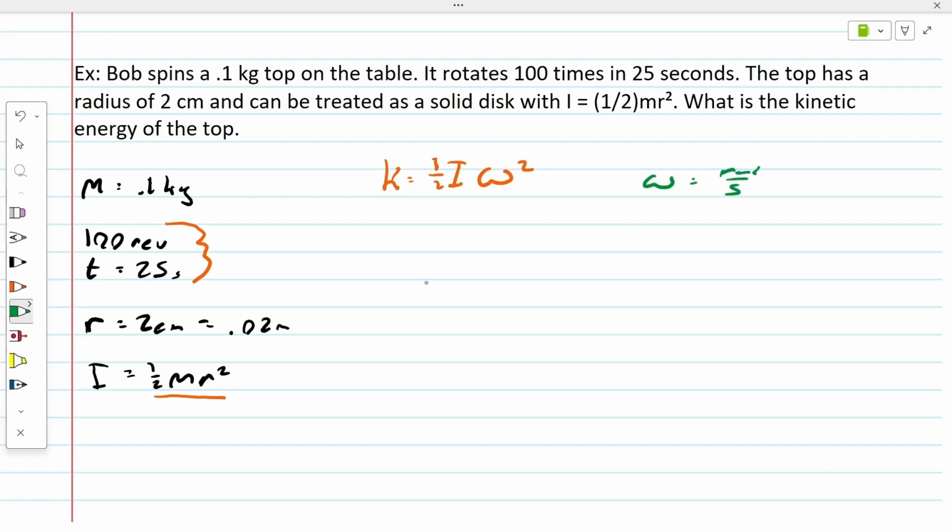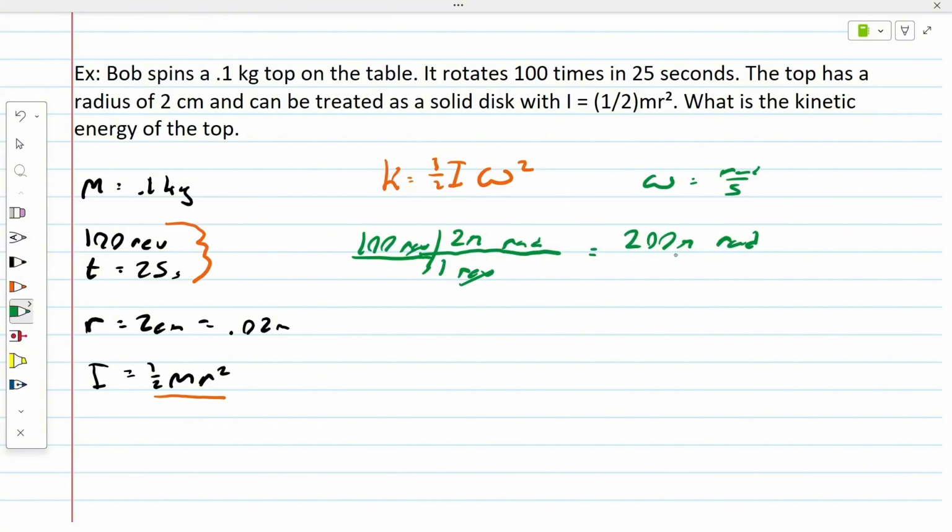It did 100 revolutions, and we can create a sort of conversion table. In 1 revolution, that's 2 pi radians, since 2 pi is around a circle. The revolutions cancel, and so we get 200 pi radians.